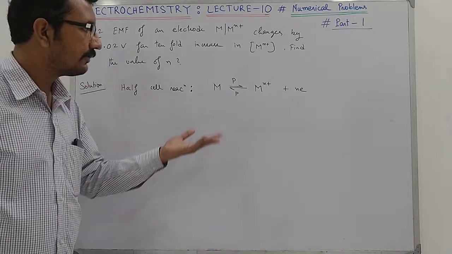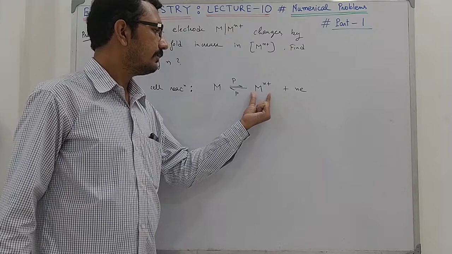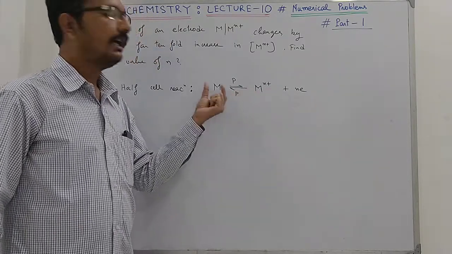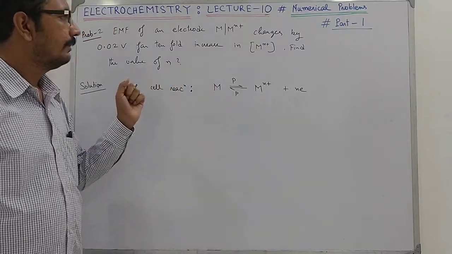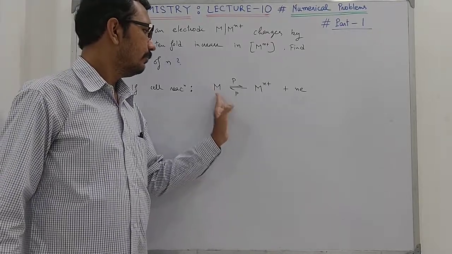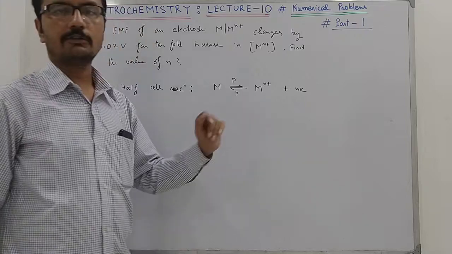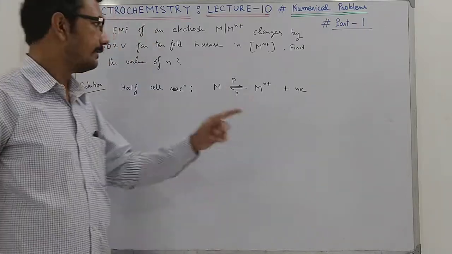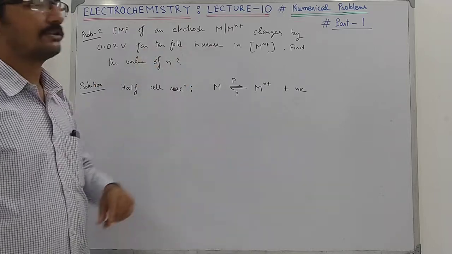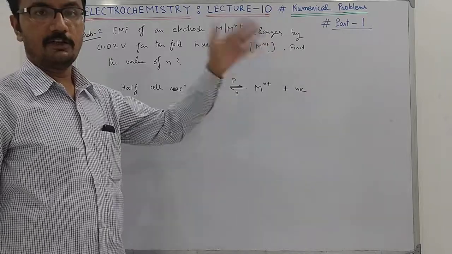But if you express it in reduction potential, then with increase in concentration of the ions, the osmotic pressure will increase, that will prefer the reduction, and you will have more tendency to get reduced instead of getting oxidized. So the reduction potential will increase by 0.02 volt for 10-fold increase in concentration. That's why they are saying that it changes. It is not telling that it is increasing or decreasing.